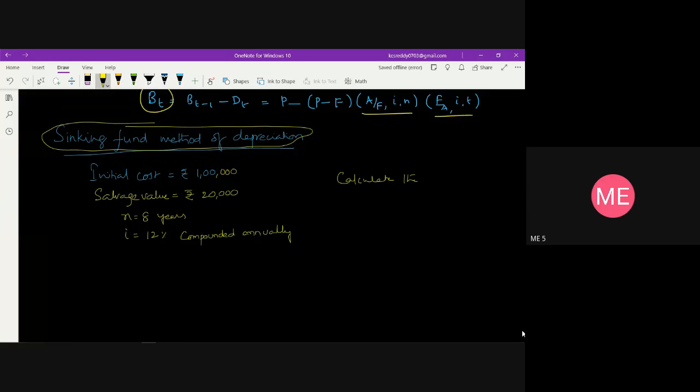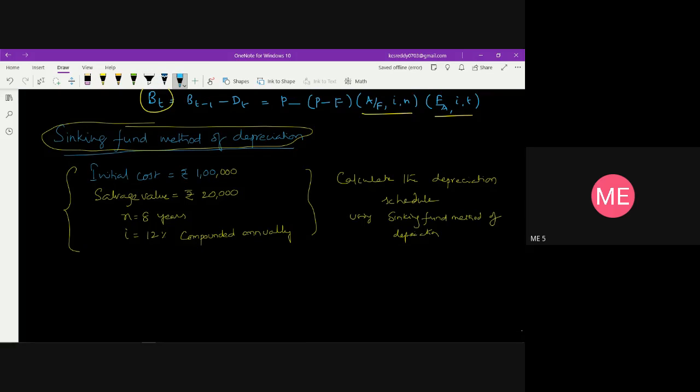Calculate the depreciation schedule using the sinking fund method of depreciation. So this is the data. Based on this given data, we are going to calculate the depreciation amount.